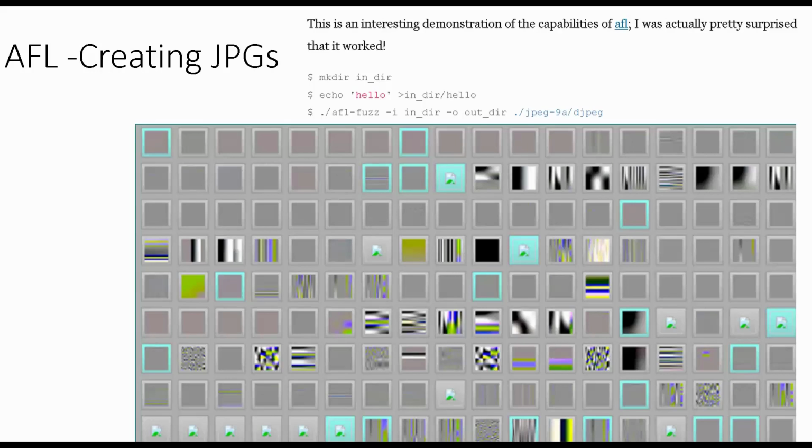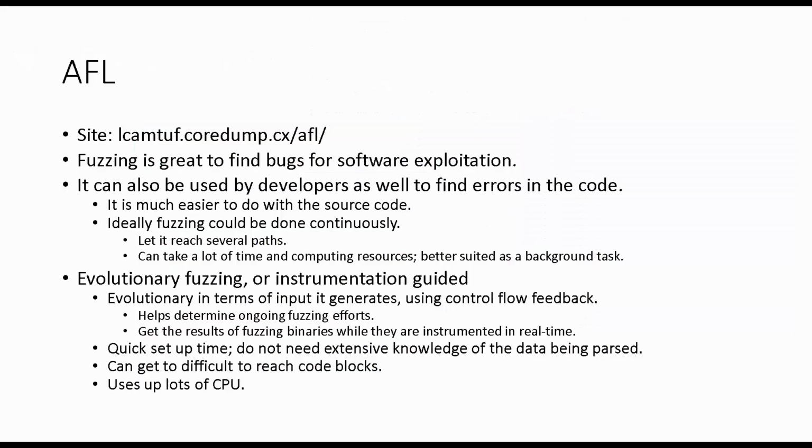It was able to do enough mutations and make use of that feedback to actually generate legitimate JPEGs. Just off of "hello" as the only test case. Think of what it can do with actual real test cases.